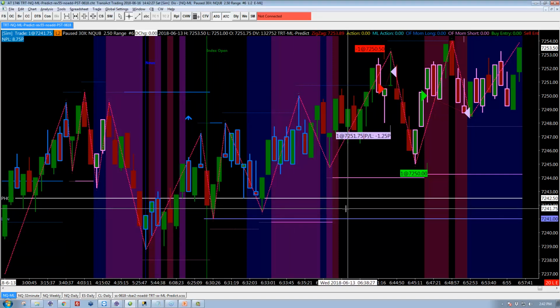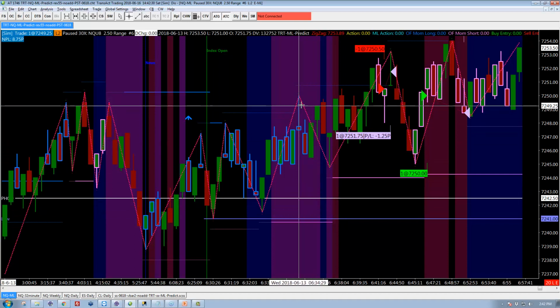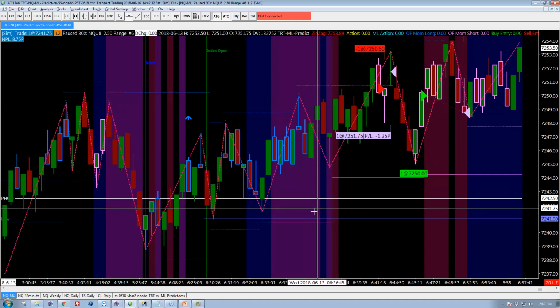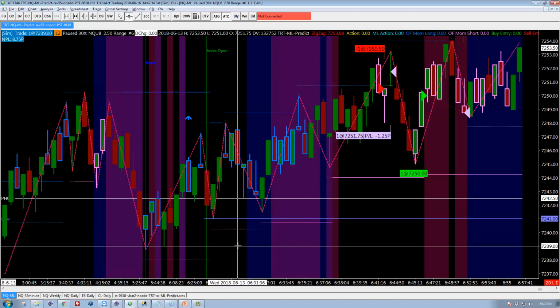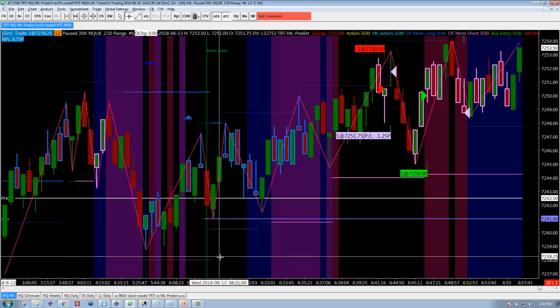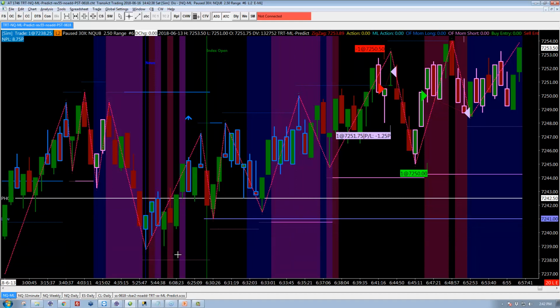All right, and so what will happen is, let's say you got in down here somewhere, and you've given it a big trail, like a 40 tick trail. When this point gets set, then the system will move the stop automatically to that zigzag level.